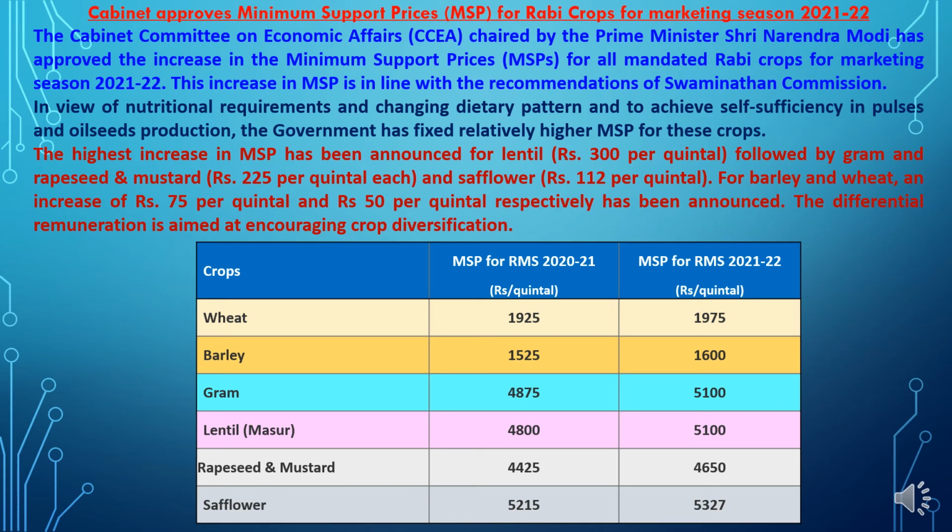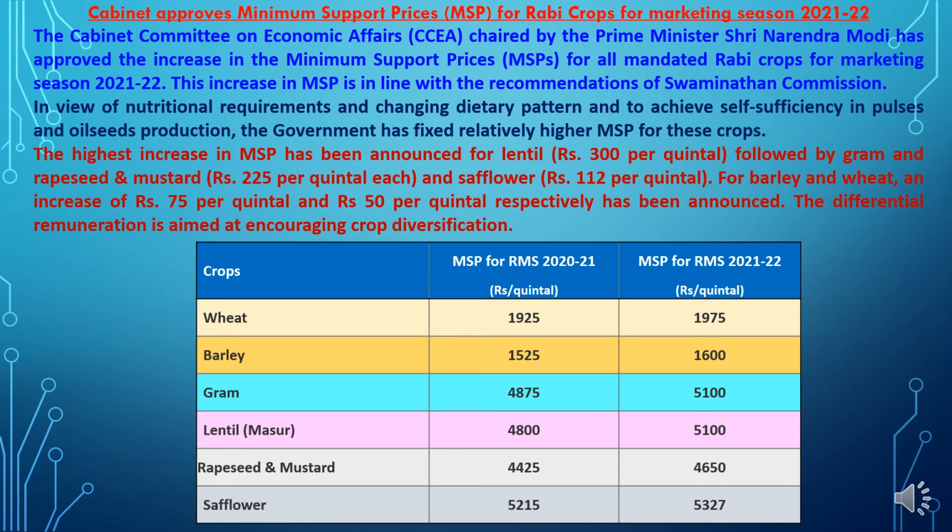Recently, the Cabinet has approved the minimum support price for Rabi crops for marketing season 2021-22. The Cabinet Committee on Economic Affairs, chaired by the Prime Minister Shri Narendra Modi, has approved the increase in the minimum support prices for all mandated Rabi crops for marketing season 2021-22.